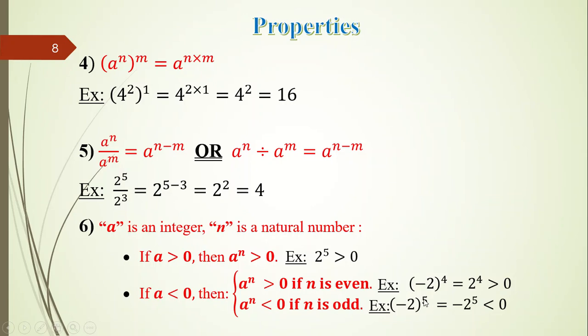The odd number doesn't change the minus sign into plus, so it will become minus 2 power 5. Okay, so if we have an even power, the minus will become a plus. If we have an odd power, the minus doesn't become plus. It will be minus.